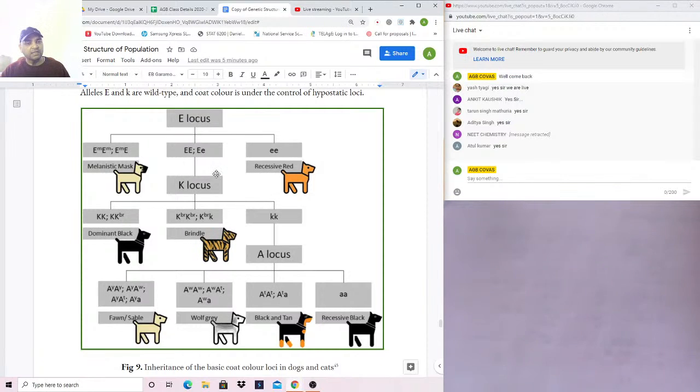So there are basically three genes. If you see the E locus, there are different alleles, and what are those? Capital E, small e, E M. So these are the three different alleles. Then the K locus has different alleles, and the A locus has different alleles.